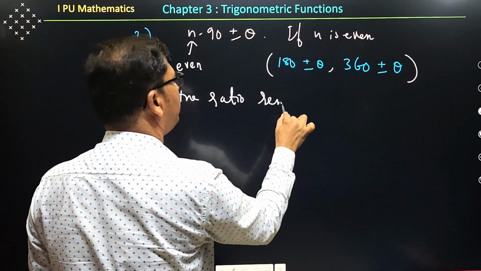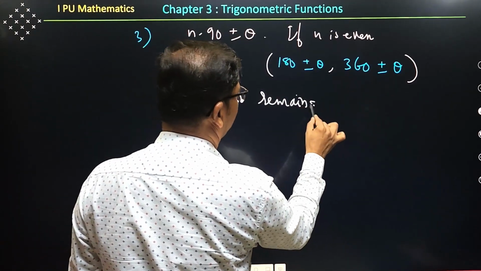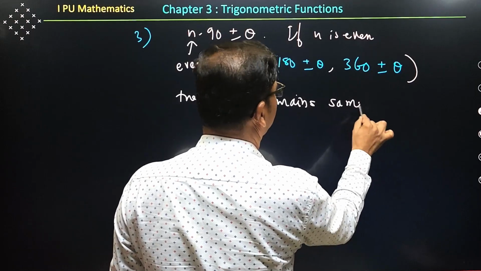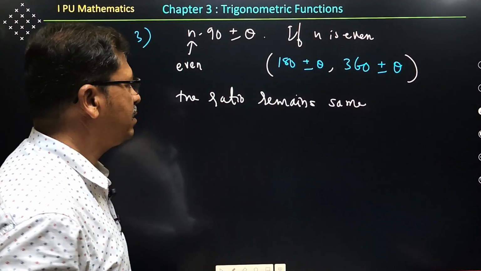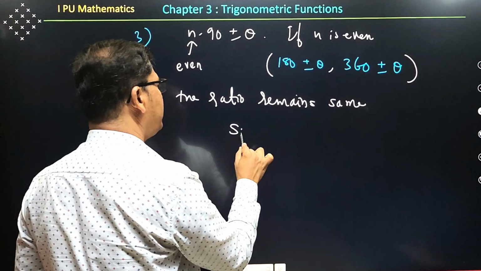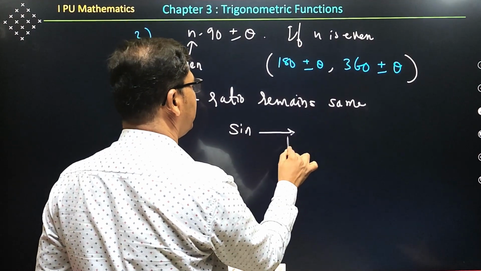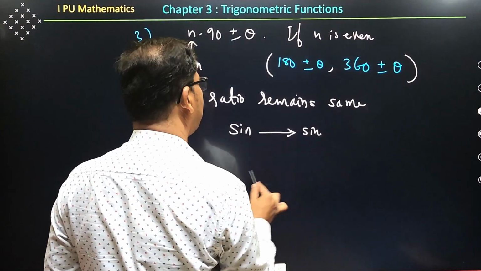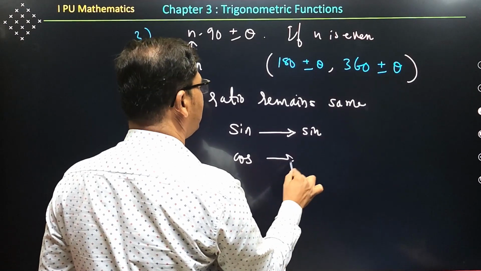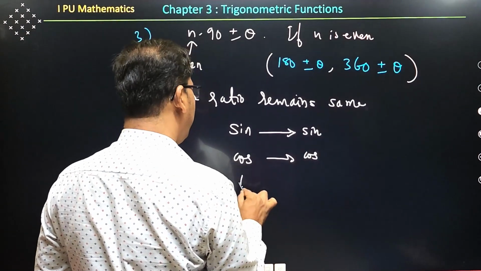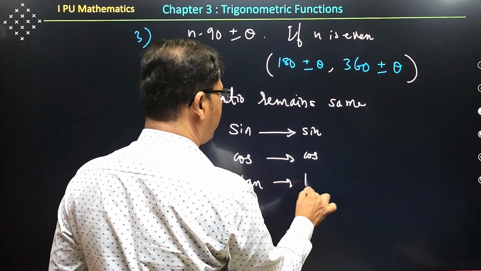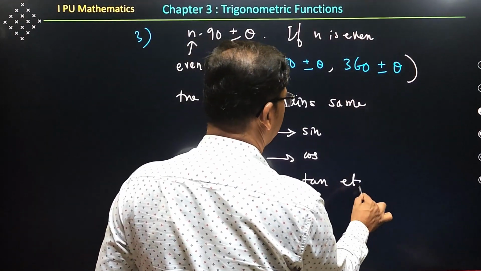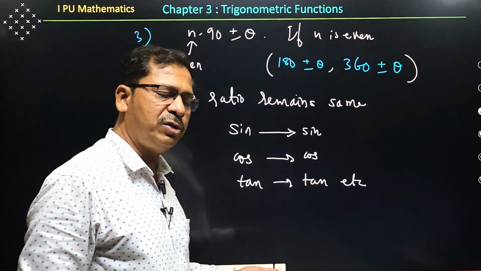That means sine remains sine only. Sine to sine, no change. Cos to cos, no change. Tan to tan, same, and so on. Sec remains sec, cosec remains cosec, cot remains cot.